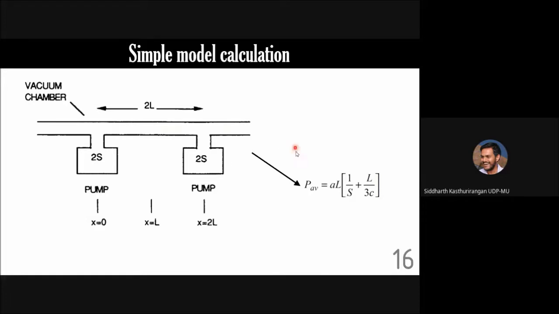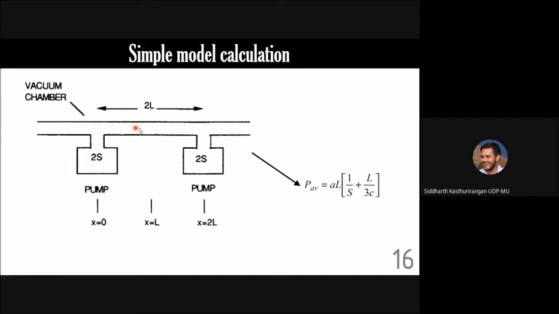Okay. And the average pressure is given in terms of the pumping speed, the length, that is the distance between the two pumps, and the conductance. The inverse of conductance is basically the resistance, that is, how much resistance there is to the flow of the gas.